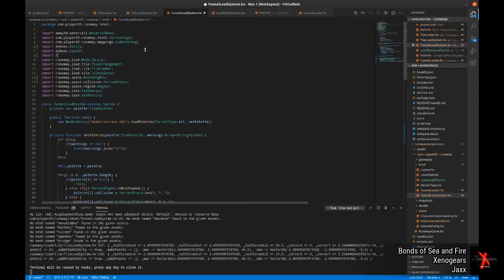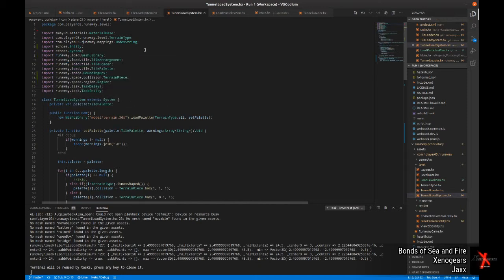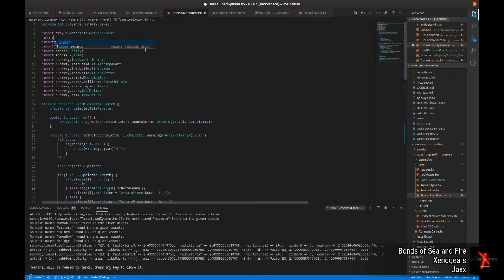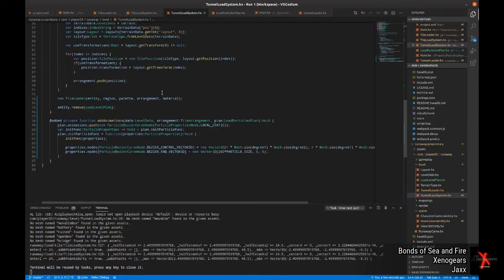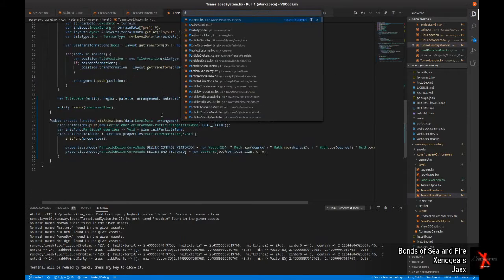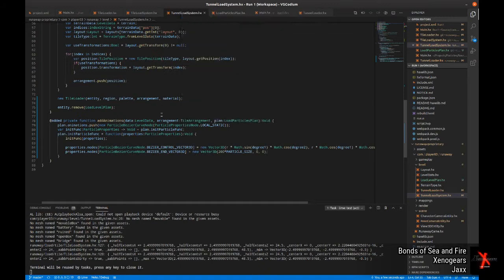I wish it would find it for me. Okay, we got one. We got particle properties. That's in.